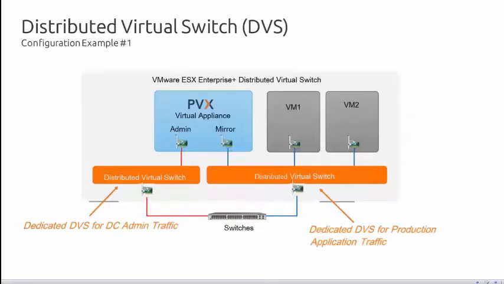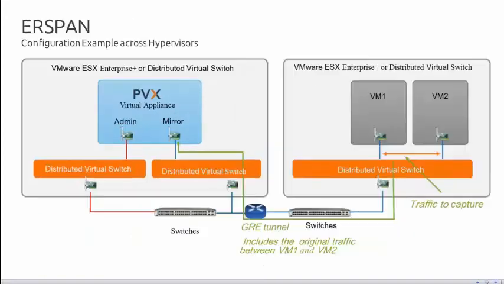Another example is a dedicated production virtual distributed switch for server to server, application server to database server, etc. And then another option is ERSPAN, where we're tunneling the traffic from a virtual distributed switch to the PBX appliance's capture interface that has an IP on it, so we can actually see that traffic.